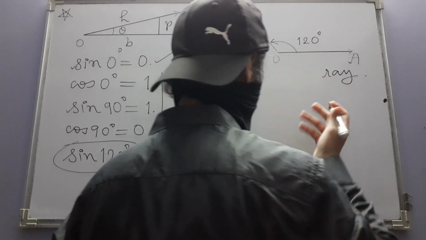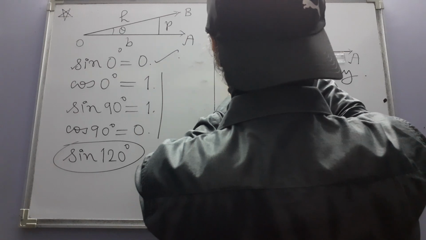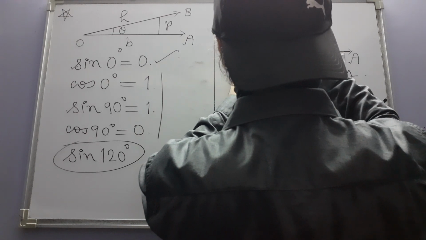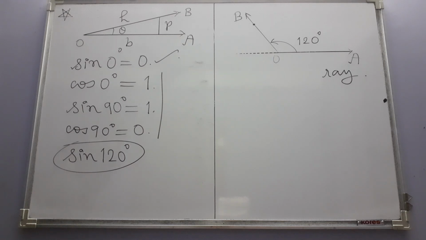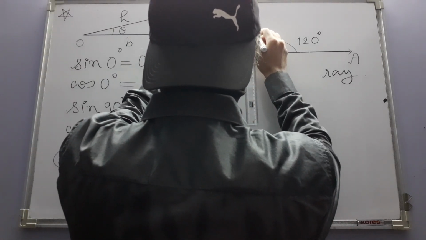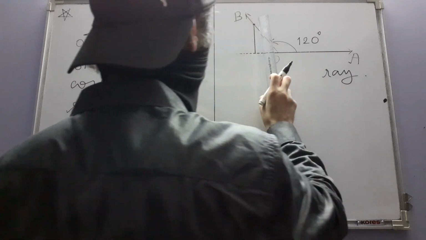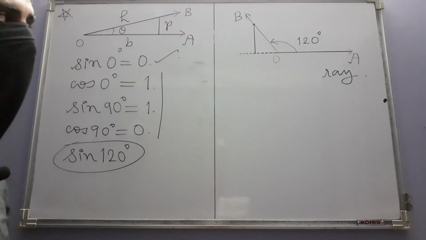So of course, you can extend it to this side, but then on the extended portion you can drop a perpendicular, fine. But that is not the same as dropping a perpendicular from this point to OA. No, you cannot do that.